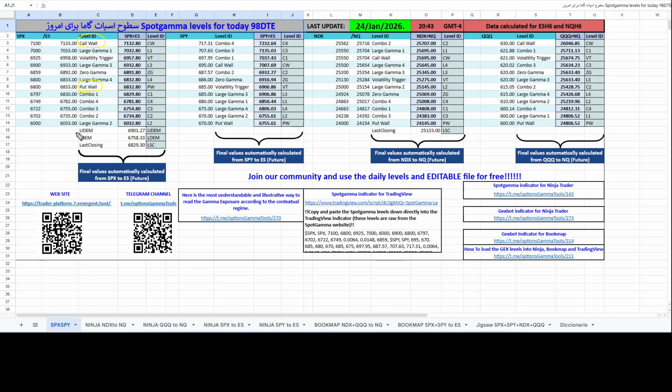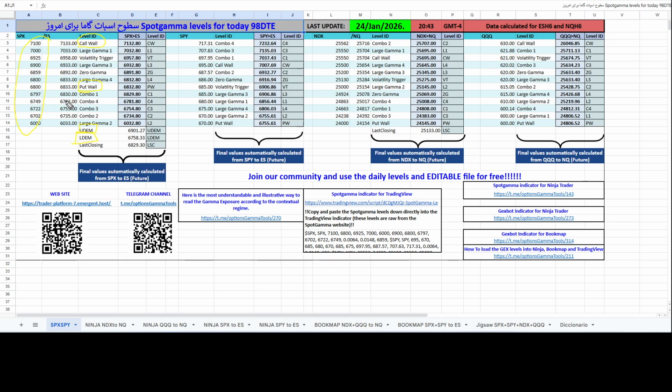Here, the upper daily expected move and the lower daily expected move. This is a calculation made from how the gamma ladders and the gamma levels have an extreme for the session.